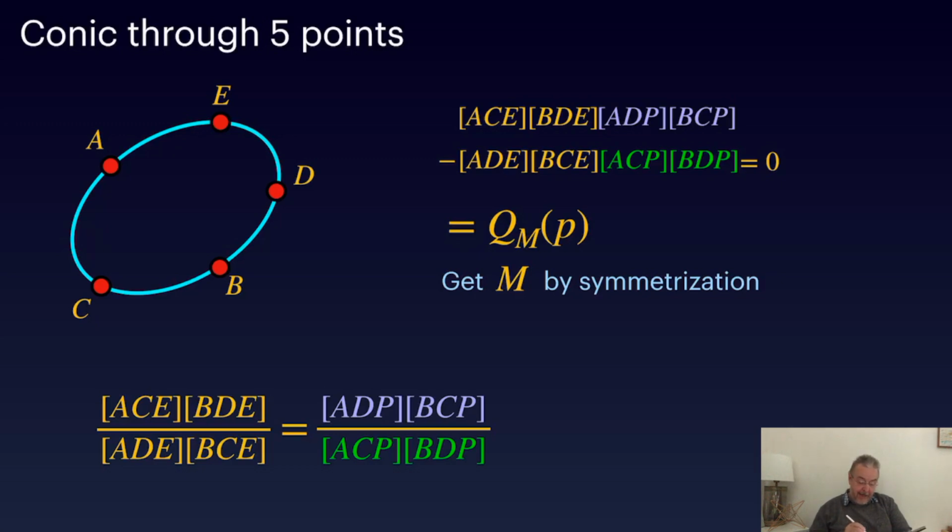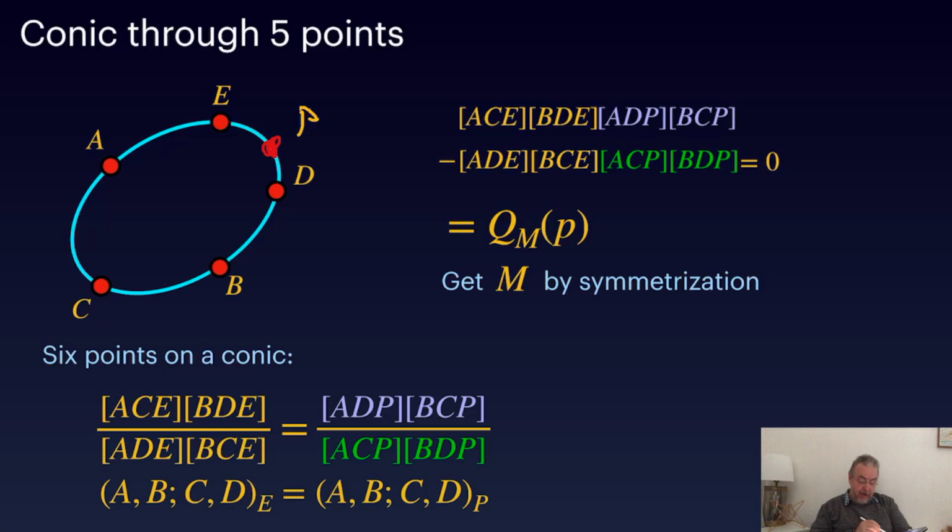So what I get after that is this equation here, which tells you that implicitly your point P lies on this conic. So say you have a point P also lying on that conic. If this equation here is satisfied, and if you look closely, you will observe these are nothing else as cross ratios of the points A, B, C, D seen from point E and seen from point P.